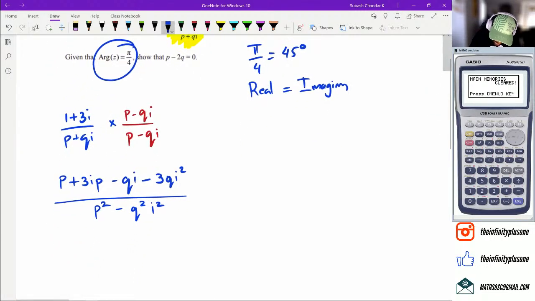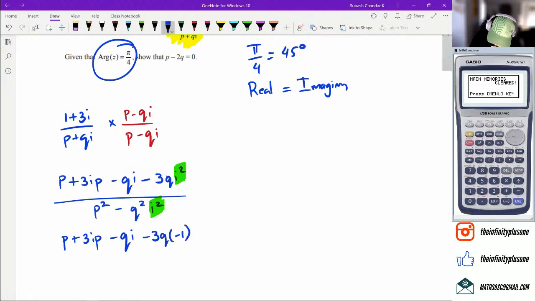Alright, so next thing is getting rid of the i squareds. Remember that i squared is equal to -1, and because of that we're going to rewrite this as p plus 3ip minus qi, and we've got minus 3q times -1, divided by p squared minus q squared times -1.